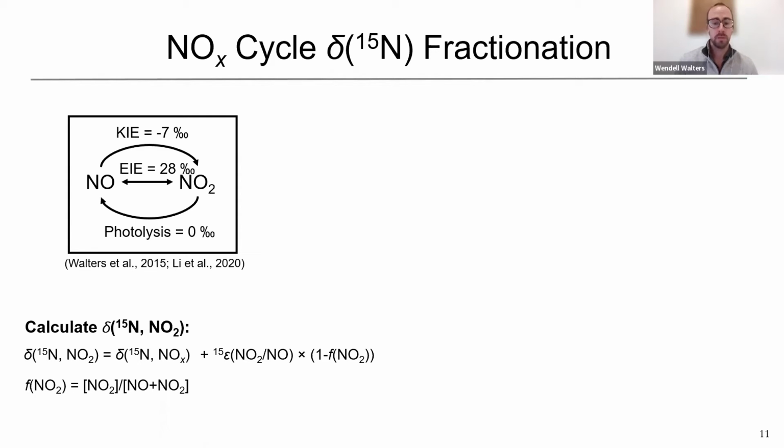Additionally, NO and NO2 may directly exchange 15N with a large isotope effect of 28 per mil. And as previously demonstrated, we can model the delta 15N of NO2 as the following, where delta 15N NO2 is equal to the delta 15N of NOx emission sources plus the isotope effect associated with NOx cycling and the amount of NO2 in the total NOx.